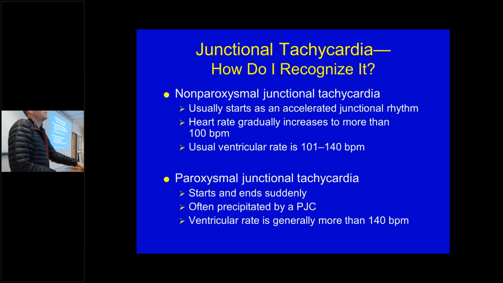Junctional tachycardia, over 100. If it's non-paroxysmal, it's consistent. You just say junctional tachycardia. If it's intermittent, then it's paroxysmal junctional tachycardia, right? Starts and ends. And just like atrial tachycardia and PACs, junctional tachycardia usually is stimulated by PJCs.